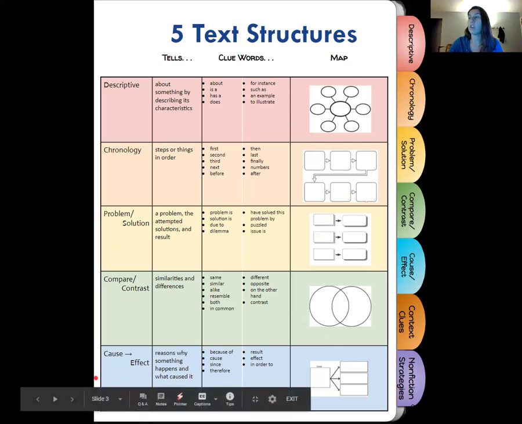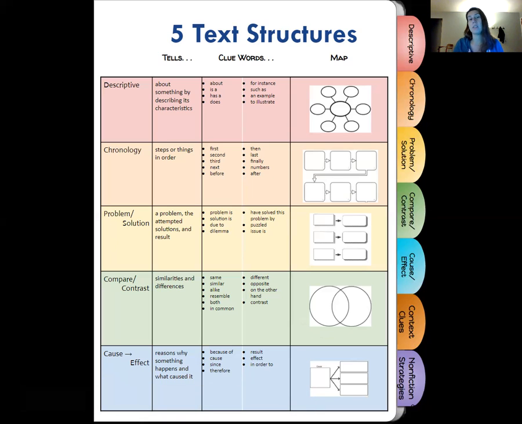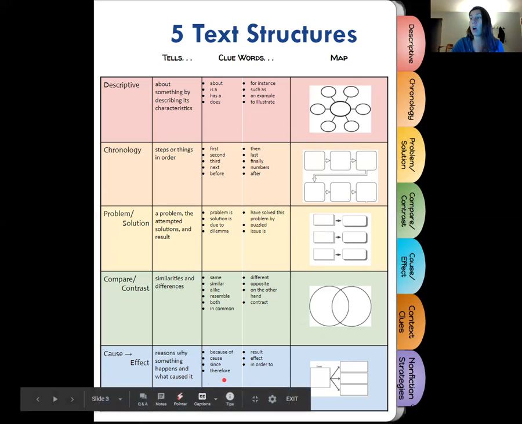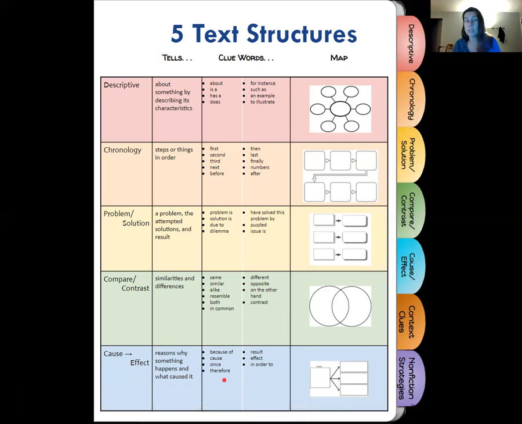And the last text structure that we will learn about is the cause and effect text structure. The cause and effect text structure tells you the reasons why something happens or why it is caused. Some clue words include because of, cause, since, therefore, result, effect, or in order to.